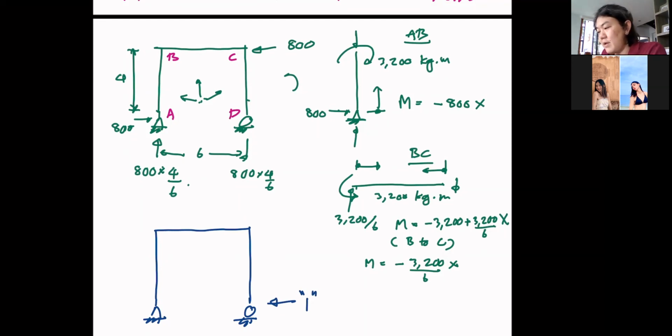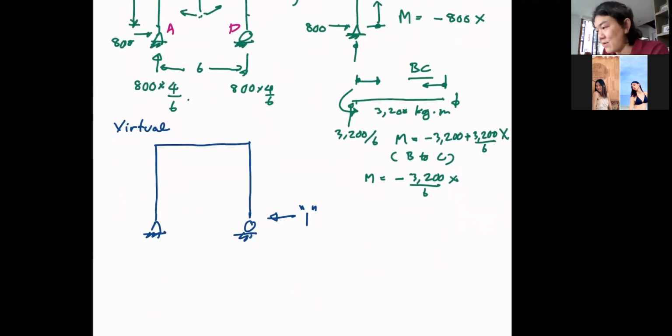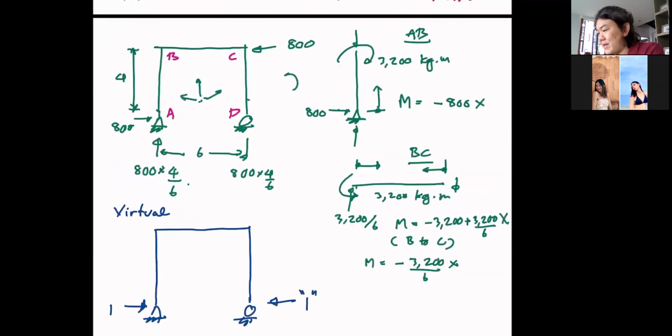Okay, and then we proceed to analyze the structure as usual. So this is virtual. And now reaction wise, because this is there, your reaction is going to be this. That becomes your reaction. And now we proceed to do as usual, but don't forget to be consistent.